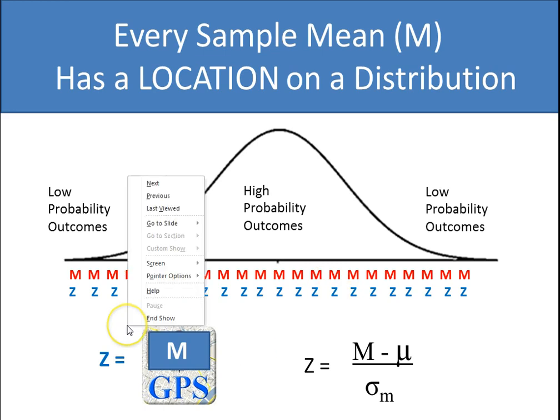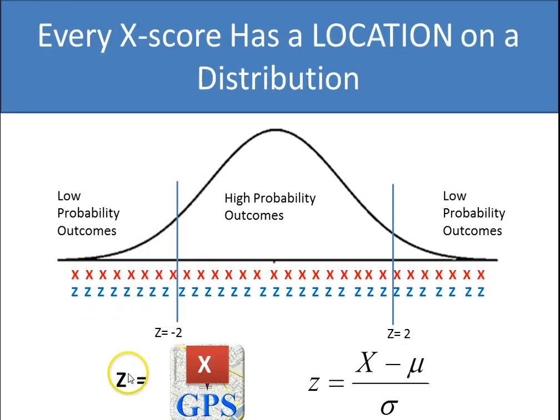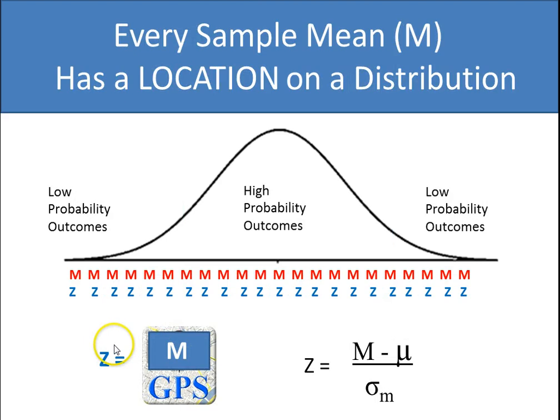So whereas before the z-score worked as a GPS to find an x-score, now the z is going to work like a GPS to find sample means, and you can also calculate a z-score for the location of any one of these sample means.